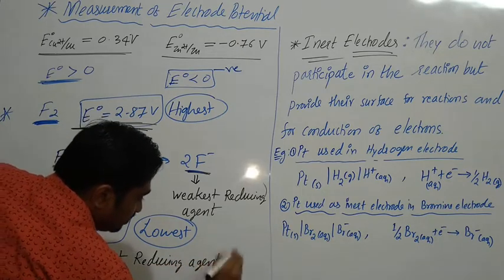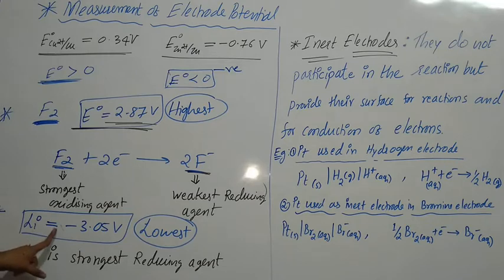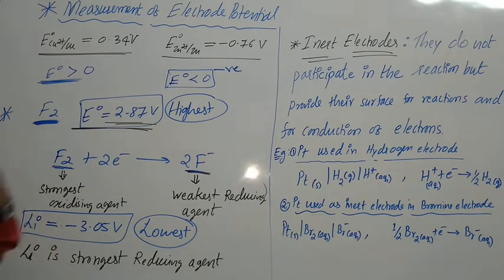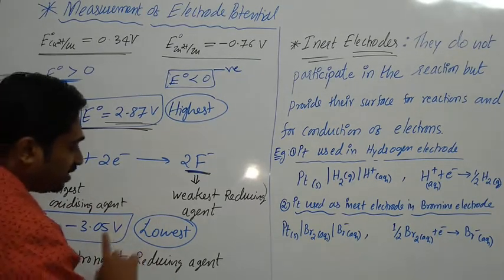If the electrode potential of any metal is negative, it indicates that it can lose electrons very easily; it can oxidize very easily. What do you mean by oxidation? Loss of electrons. As lithium loses its electron, it is converted into Li+ ion. So lithium wants to lose electrons very easily, so it becomes the strongest reducing agent.